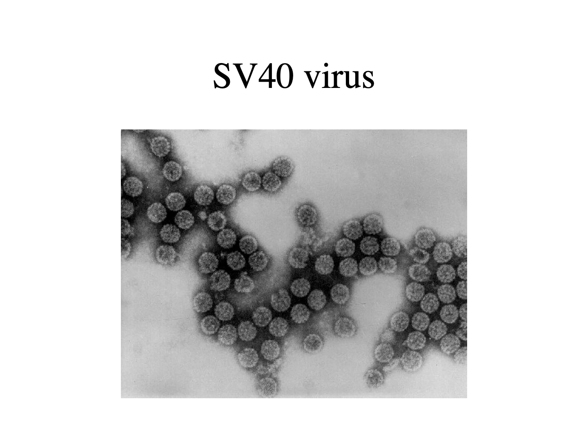And you can take the monkey cells and grow them in culture, and infect cells with SV40, and the cells undergo very efficient replication of the virus. So people have used SV40 as a model system for DNA replication.